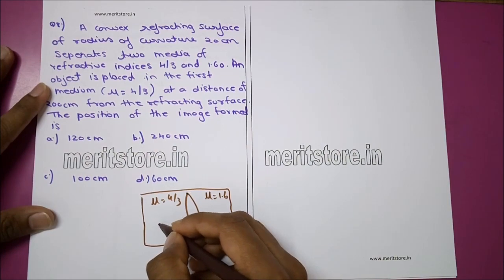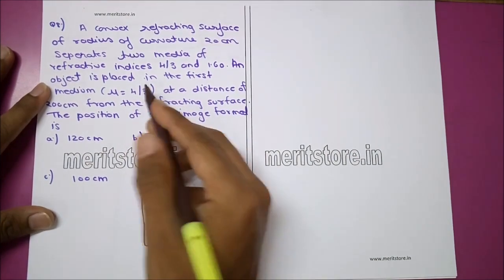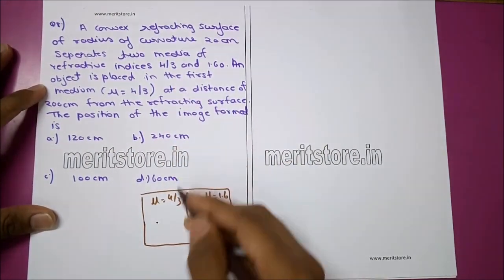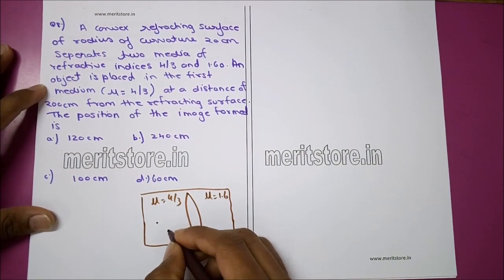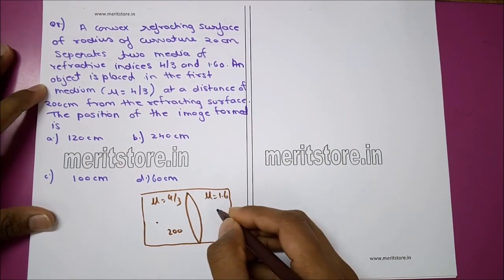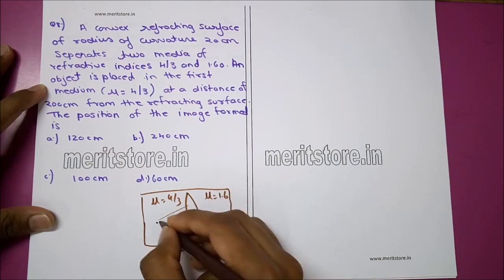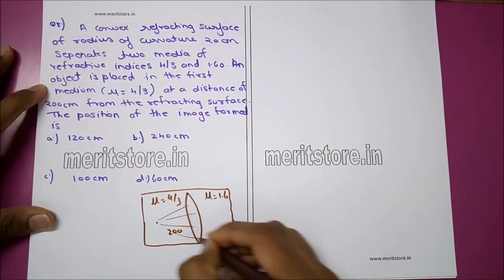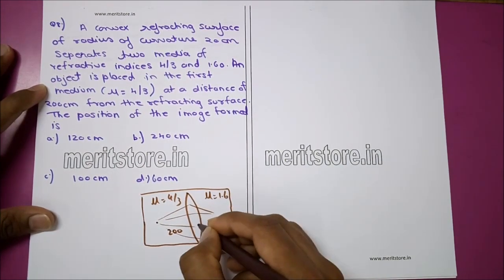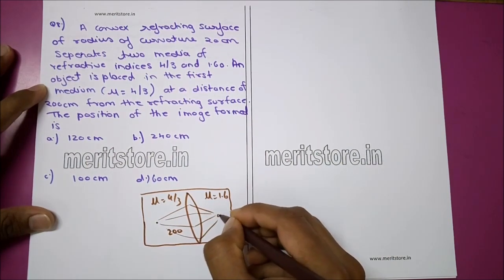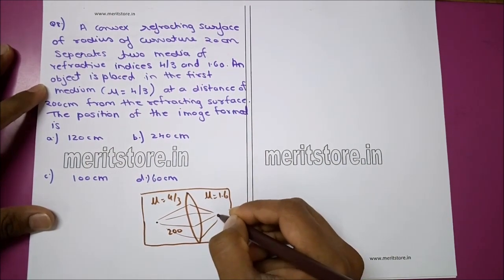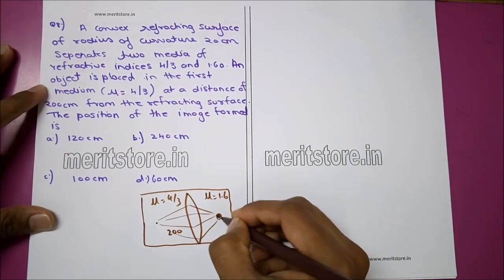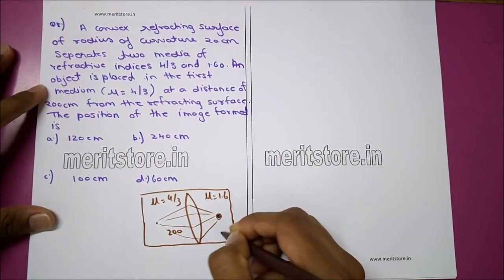So an object is placed over here at a distance of 200 centimeters, and the rays would converge to form an image of the object over here. So we need to find out this distance.